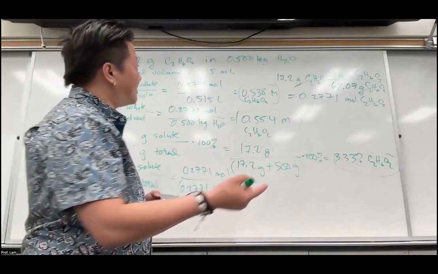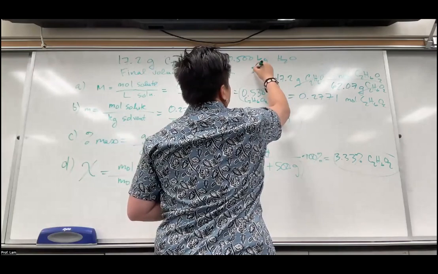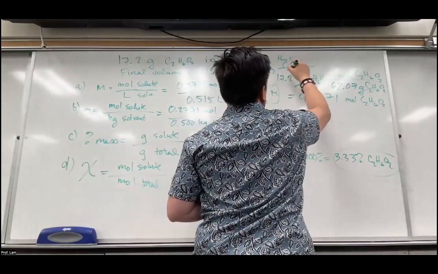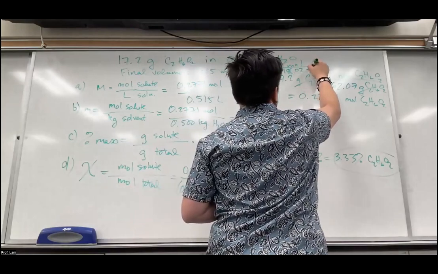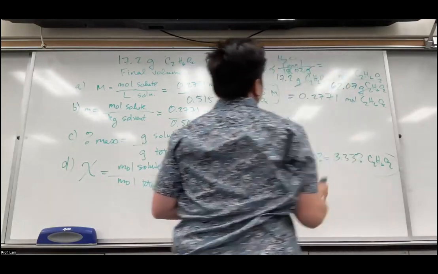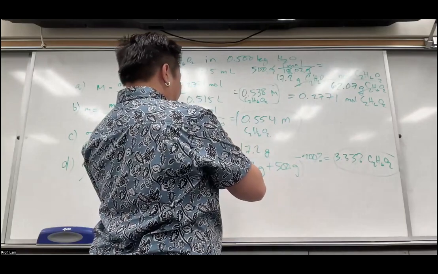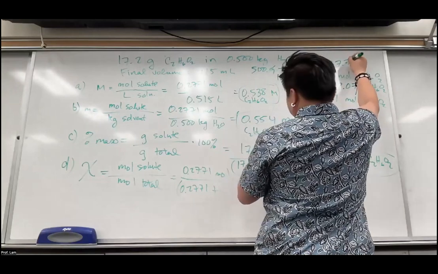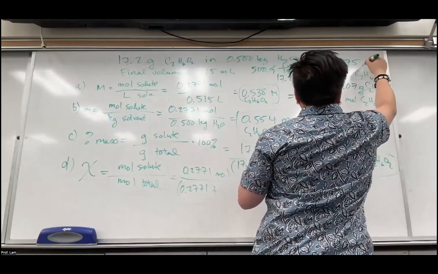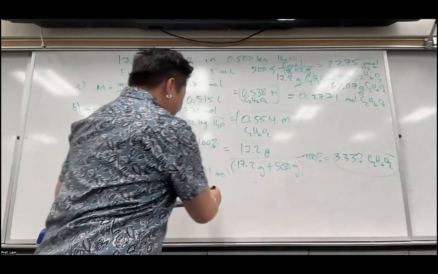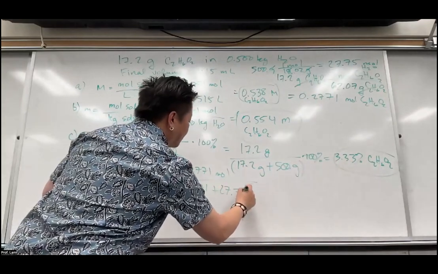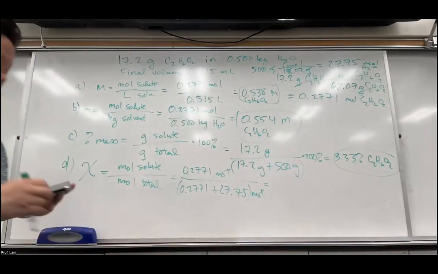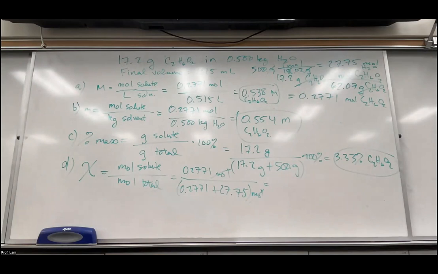So all we have to do is turn it into grams and then divide by the molar mass of water, which is 18.02 grams per mole. So 500 divided by 18.02 is 27.75 moles of H2O. So now we just add it to here. Notice mole cancels out with mole. So your mole fraction is always unitless, right?